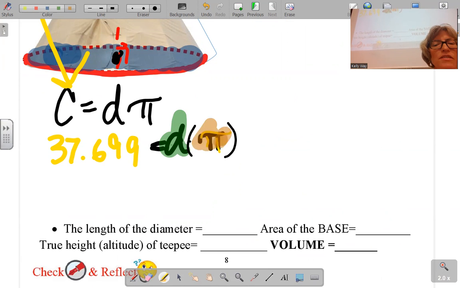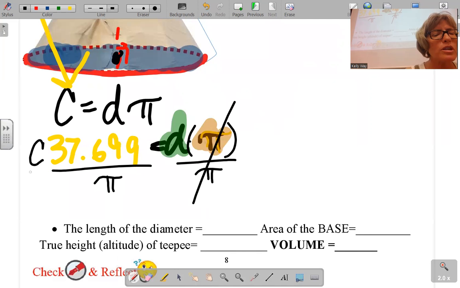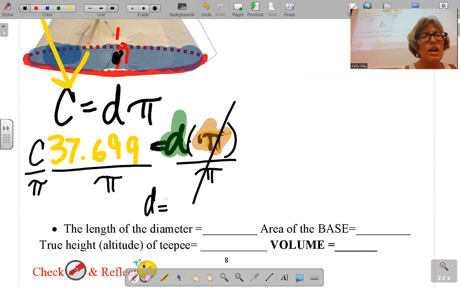I have to get rid of pi. So using your pi key, it's the most accurate. Your diameter is going to be the circumference divided by pi. Go. And you're going to see real quick that your diameter, I was shooting for a whole number.